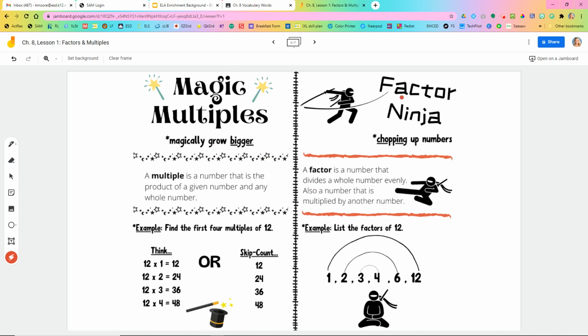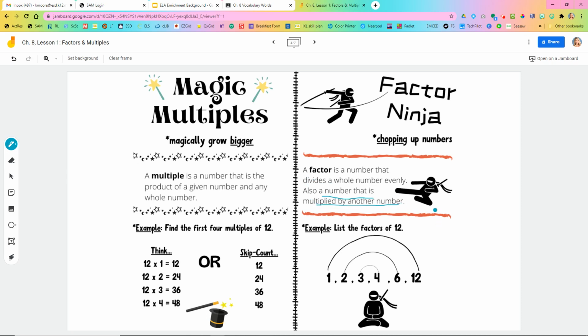So thinking about our factors, we have the factor ninja that chops up the numbers. A factor is a number that divides a whole number evenly. It's also a number that is multiplied by another number. Now, up until this point, we have focused on a number that's multiplied by another number.